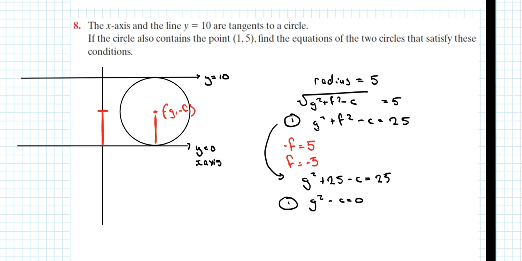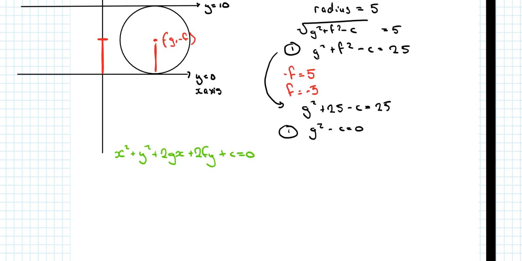We know the circle also contains the point 1, 5. So, use green. We know 1, 5 is on the circle, so 1, 5 should satisfy x squared plus y squared plus 2gx plus 2fy plus c is equal to 0.